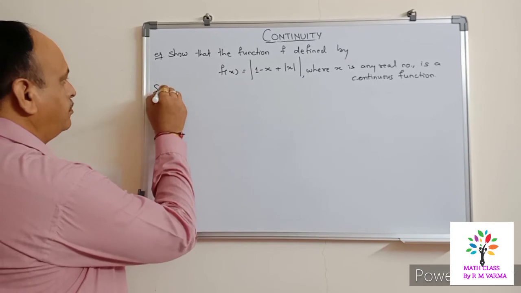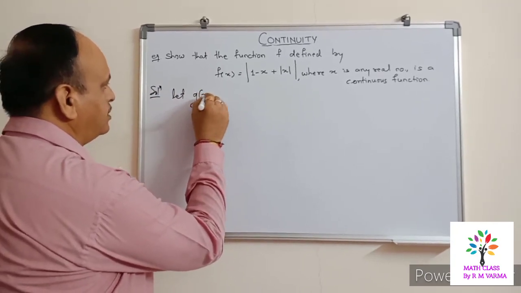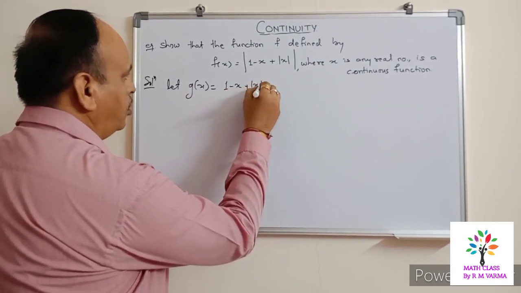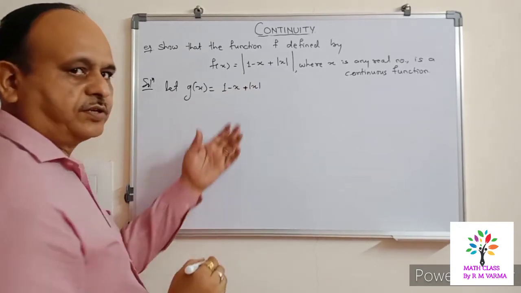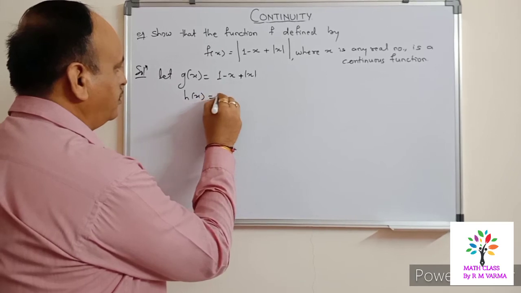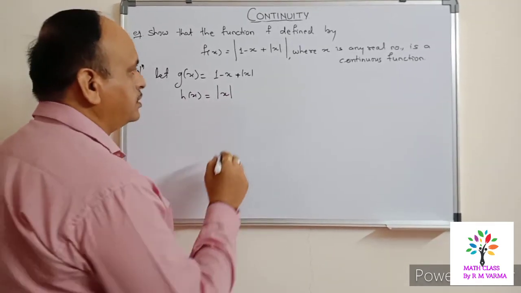Let g of x equals 1 minus x plus mod x. So I take one function g of x and another function h of x, which equals mod x. These are two real functions.